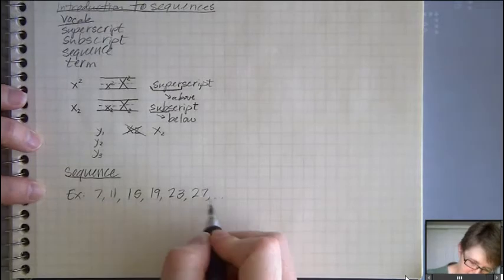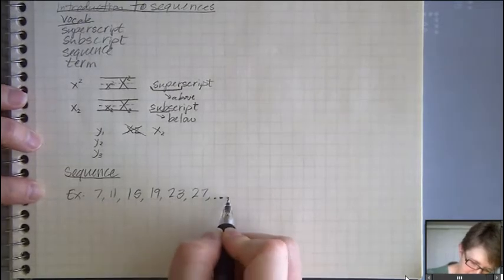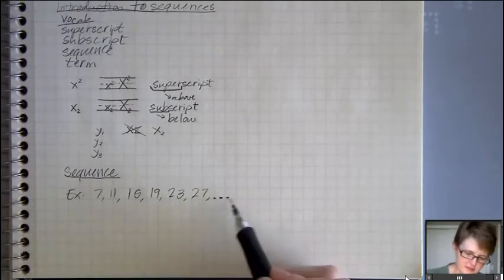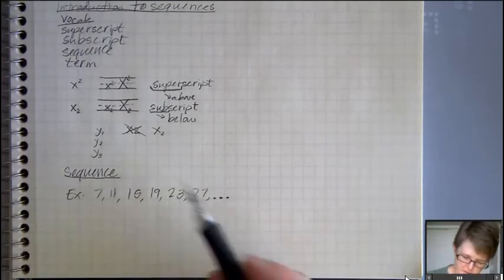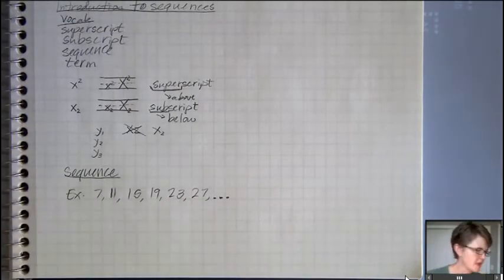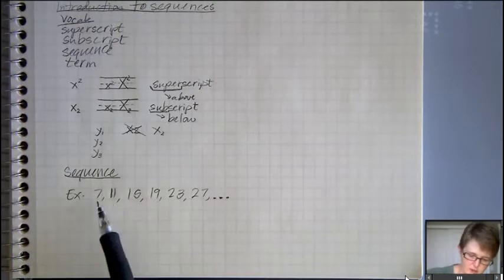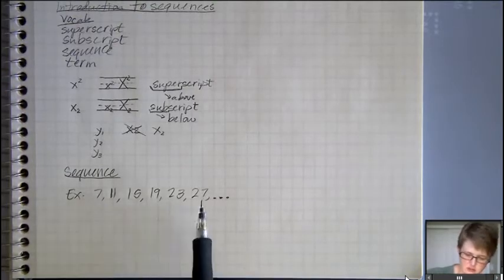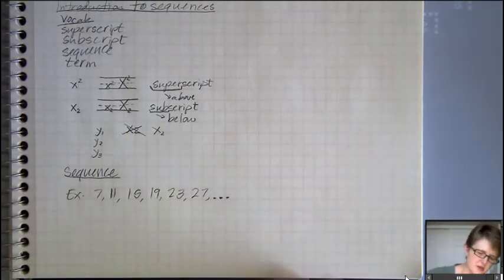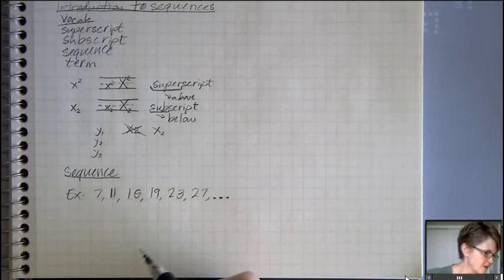So this dot, dot, dot that I make here at the end, that just means that it goes on forever and ever indefinitely, following the same pattern if there is a pattern. So in this sequence, there's obviously a pattern. If we were to describe this sequence, we may want to describe it other than just saying 7, 11, 15, 19, 23, 27. We need some more tools to be able to describe the sequence so that people will be able to tell this sequence apart from another sequence.